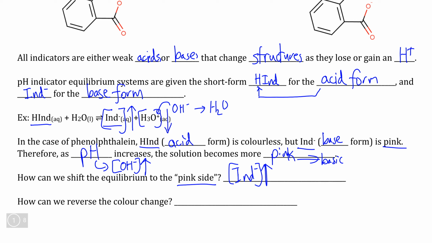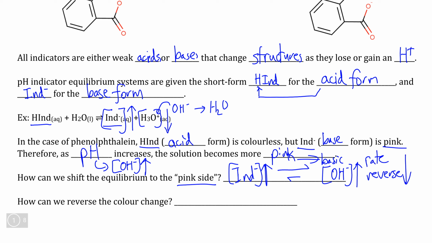Now, when the concentration of H3O+ decreases, we have a situation where our forward reaction rate is greater than the reverse reaction rate, so more of our indicator is able to ionize to the base form, causing the solution to become more pink. So this is why increasing the concentration of OH- shifts the equilibrium to our products and to the basic form of the indicator, because it neutralizes H3O+, therefore causing the rate of our reverse reaction to decrease.